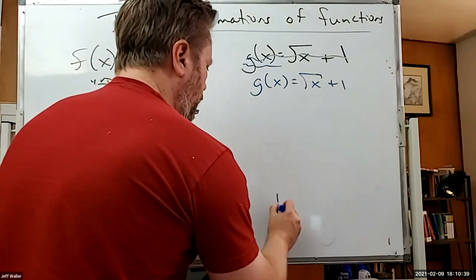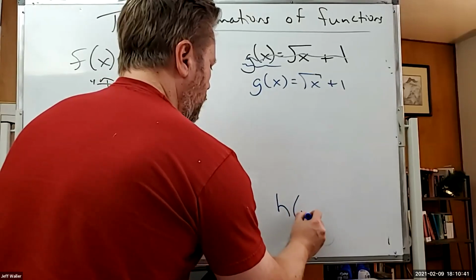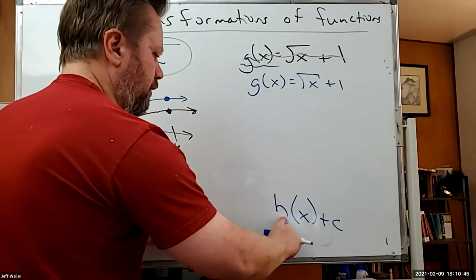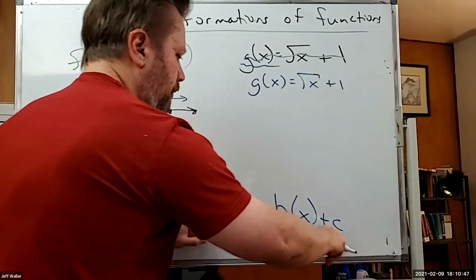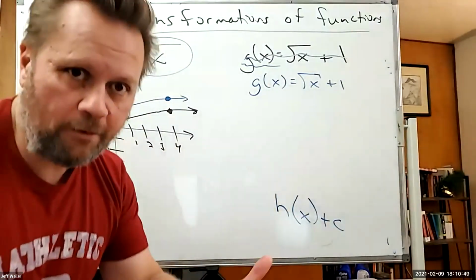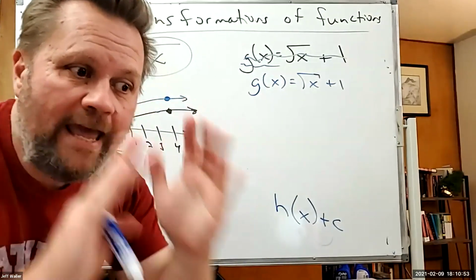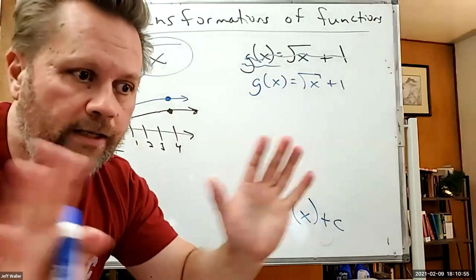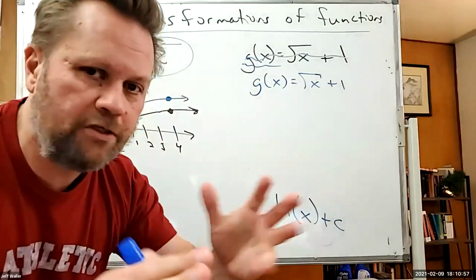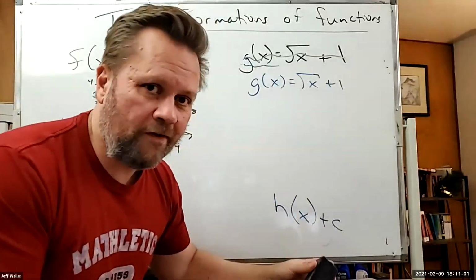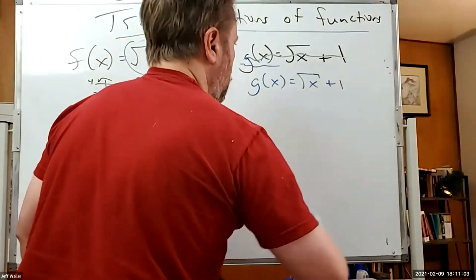I don't care what function you have, this will move that function up by C, or if C is negative, it'll move it down. That works for any function, period. I love it. Even some things that aren't functions, but right now we'll just focus on functions.